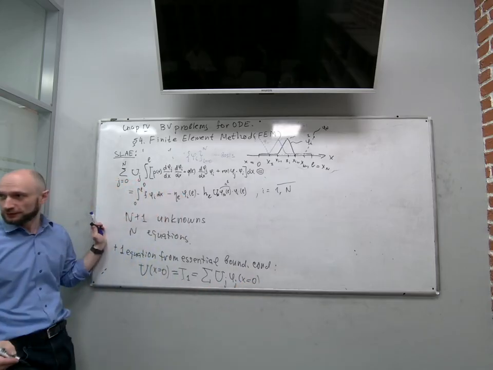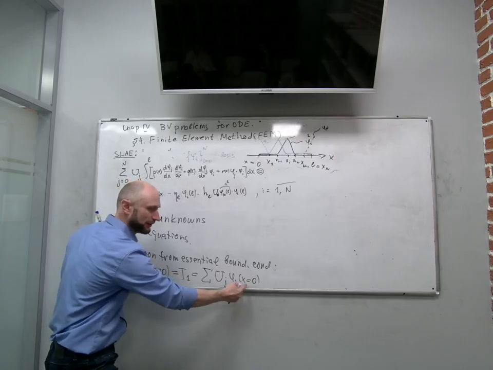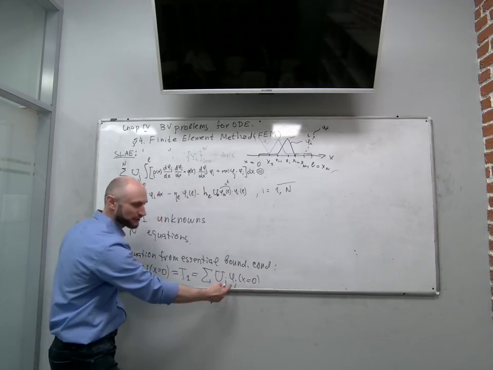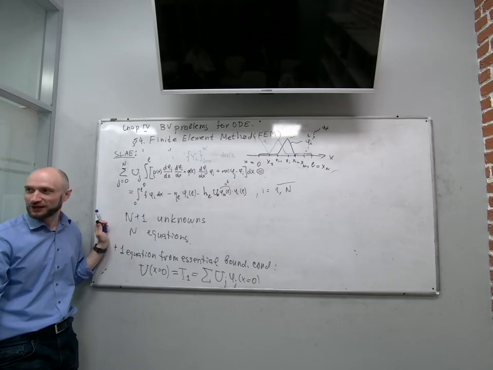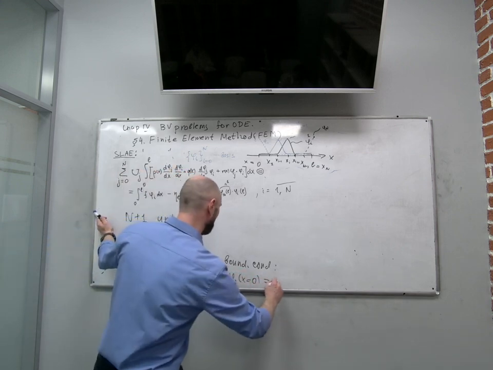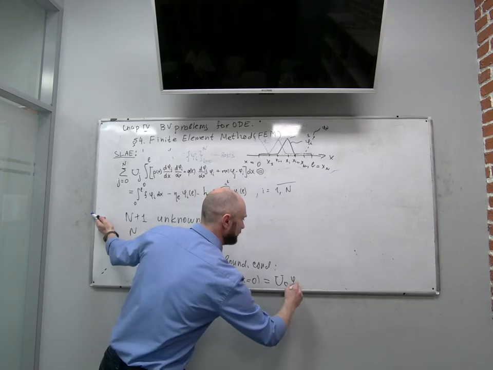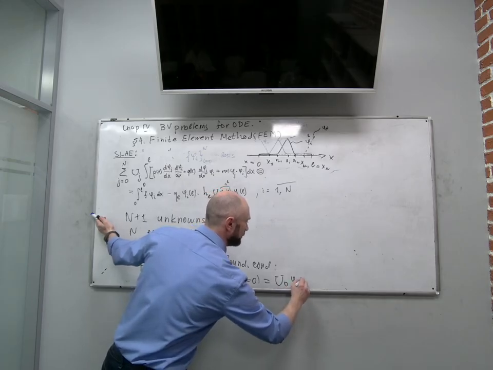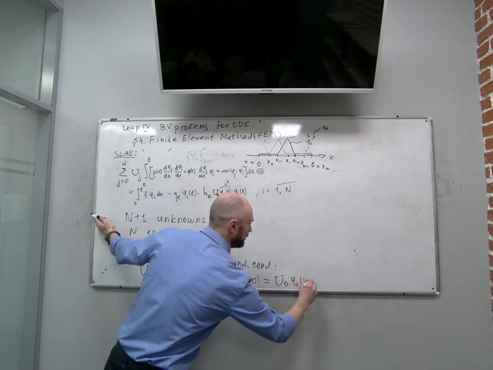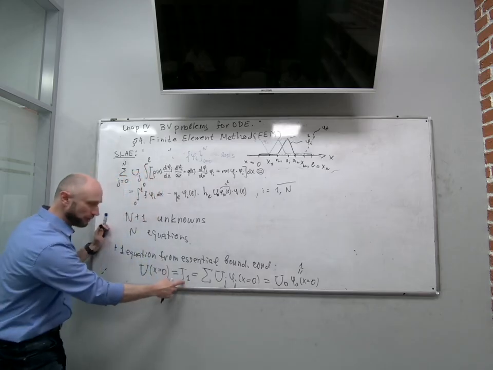Like this, okay? And since this x is equal to 0, as for the basis functions, how many basis functions are not equal to 0 at this point? Only one, which means that it is equal to phi 0, u0, which is 1. And this u0 should be equal to t1.